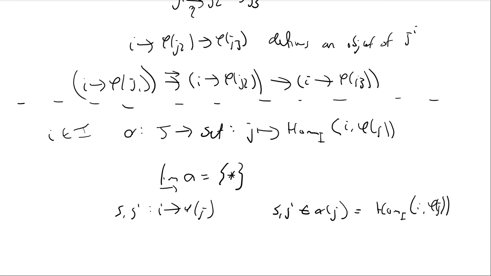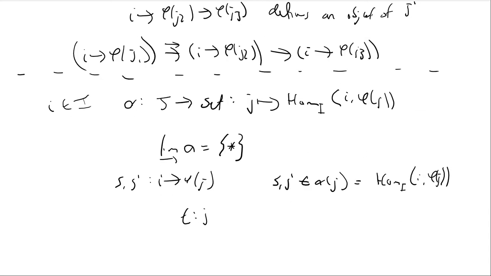Now from the last section, what we saw is that this means that there's a morphism T, J to K. This of course lives in J, and such that S and S prime have the same image. And this finishes our proof.